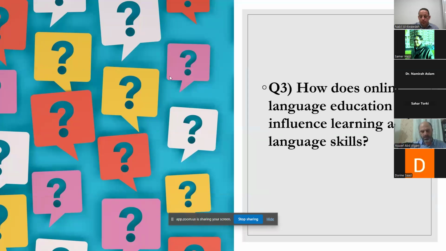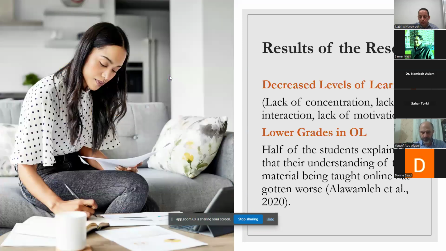Regarding our last and third question, which is how does online language education influence learning and language skills? Well, unfortunately, it was found that in online education, generally, students cannot learn very well.